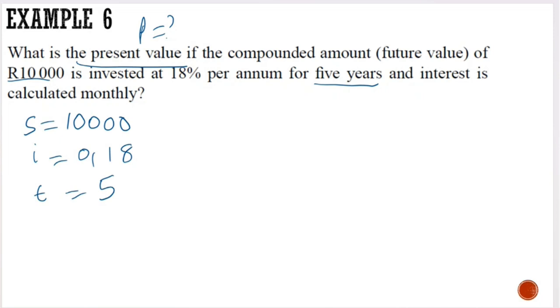That means it is compounding monthly, so your m is equal to 12. You are looking for P.